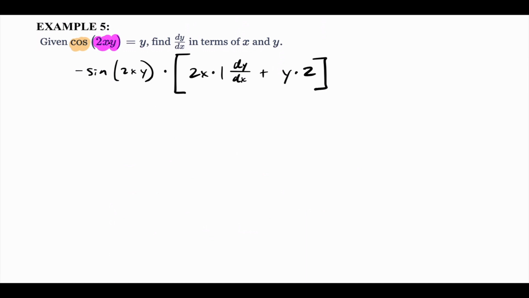Okay, so let me clean it up a little bit. Negative sine 2xy times. So on the outside, that's what I have. On the inside, I have two terms. I have 2x dy dx plus 2y. How do I get dy dx by itself?